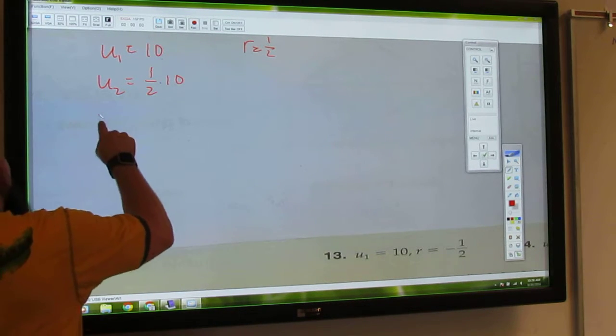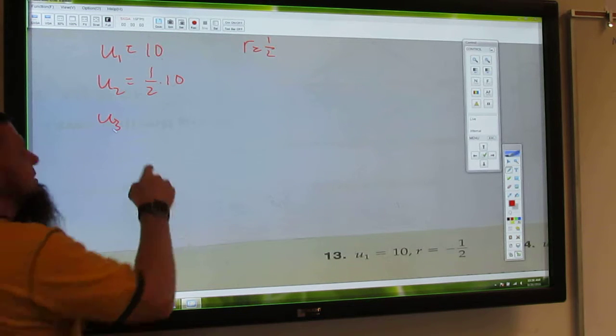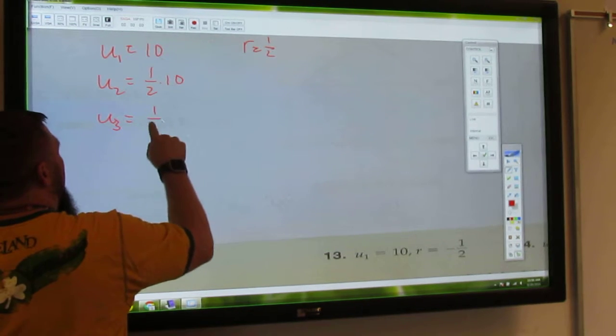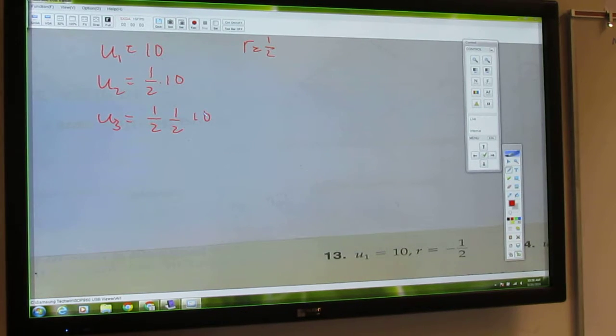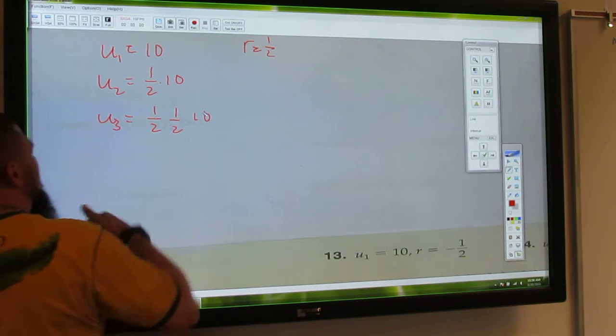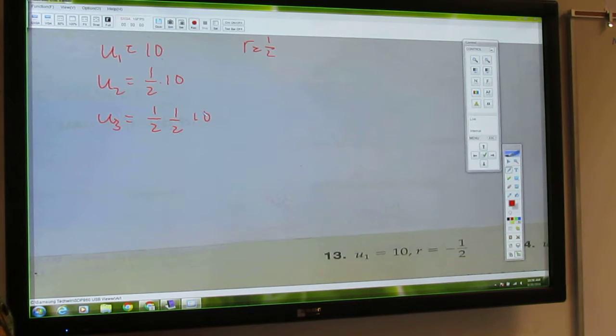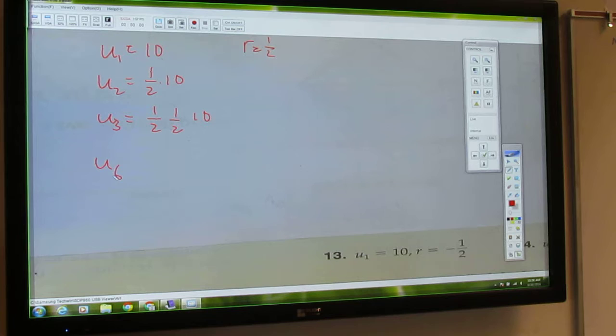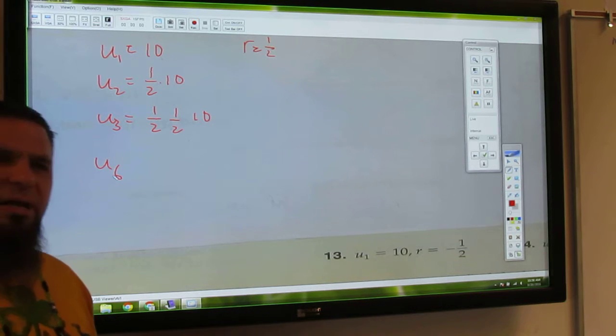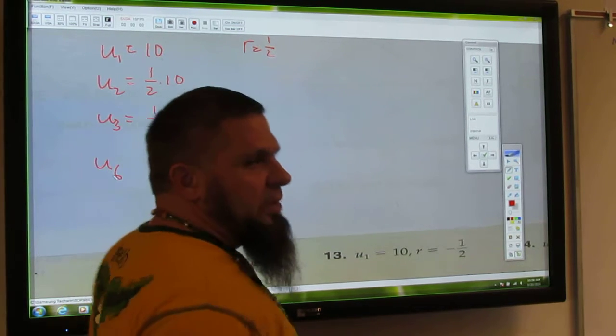And u3, we figured this out so far, is equal to 1/2 of 1/2 of 10, and so on and so forth. And it wants to know u6. So we've got to come up with a way to find u6. So we need a formula.